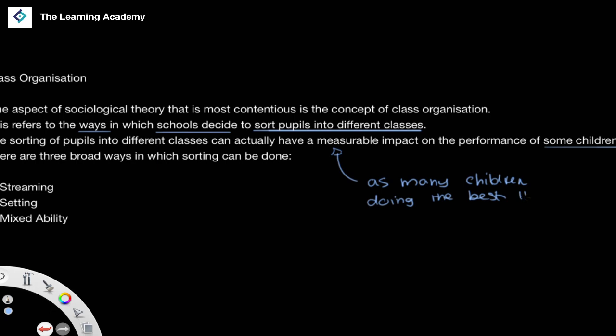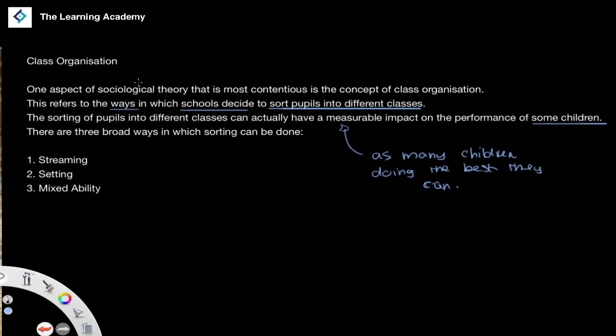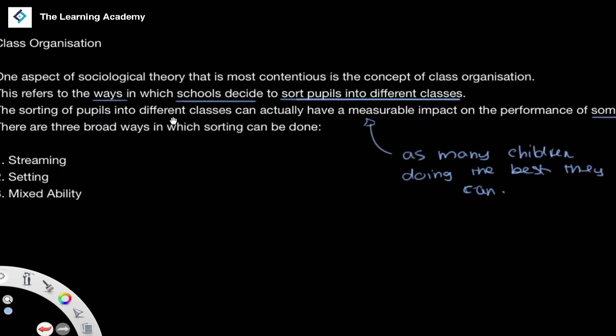And as such, we need to think about ways in which we organise children in these different school systems and in different classes to try and achieve this measurable, positive impact. And there are three broad ways in which sorting can be done.